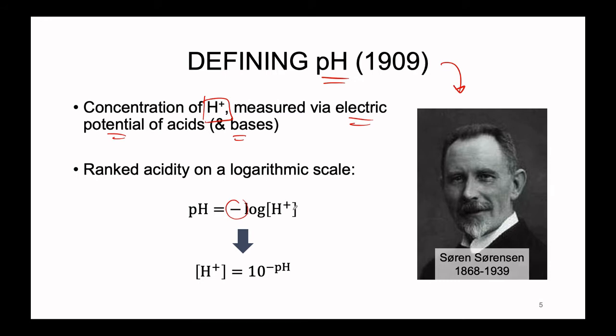These brackets are the concentration notation. The reason why we have a negative sign here is that we are oftentimes working with fractions, and the log of a fraction is going to be a negative number. So just to get rid of the negative, we add another negative, right? The negative of a negative is a positive. So our pH values, if we are working on our pH scale, are going to be positive values.